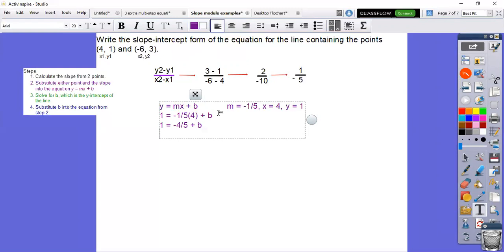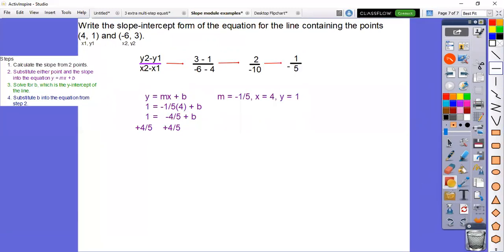Okay, then to get b by itself, instead of subtracting 4/5, I am going to add 4/5 to both sides. If you have a calculator, it will be easy, but 1 is just 5/5.